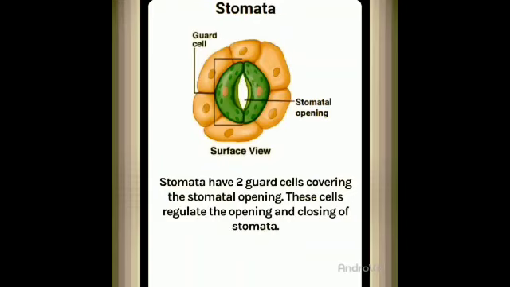Just remember this point. Guard cells regulate the opening and closing of the stomata, and they are surrounded by the subsidiary cells, which are here in yellow.